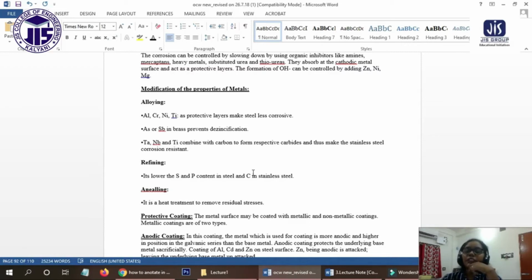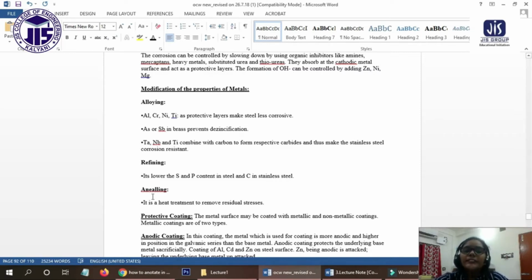This is a mixture of iron and chromium. So these alloys are less prone to the process of corrosion. So by a mixture of some of the metals, we can reduce the rate of the corrosion for the metals.